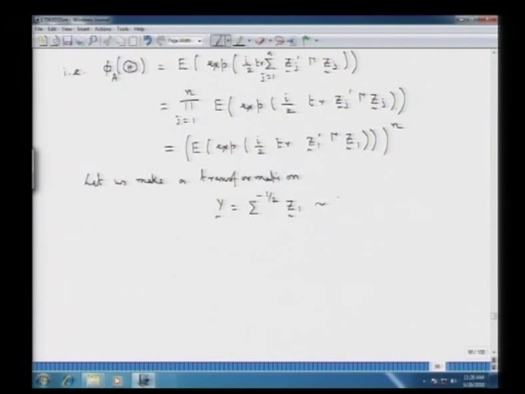So y will follow once again a multivariate normal distribution with the same dimensionality as the z1 vector, with a null mean vector and covariance matrix sigma to the power minus half times sigma times sigma to the power minus half transpose. It is a symmetric matrix, so this is just an identity matrix.